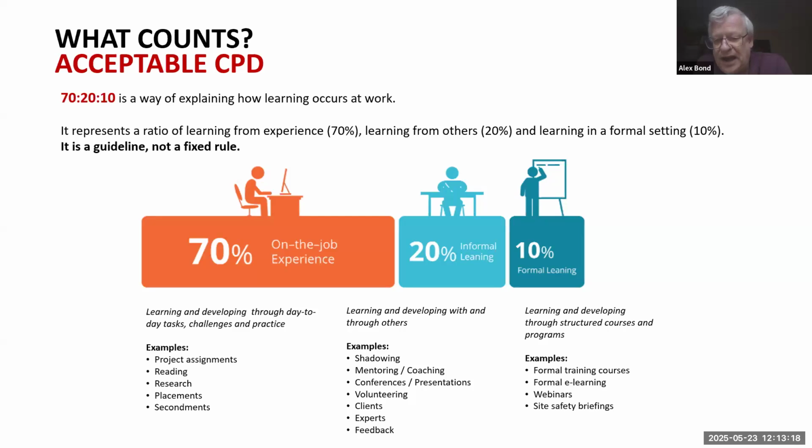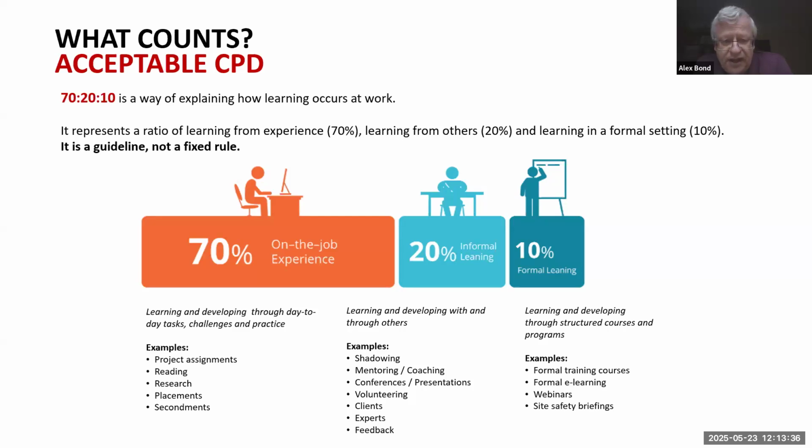Much of what you do as part of your job is still you learning something new, how to do something, the technologies associated with a particular product stream. That is all learning, and that is all still valid CPD.